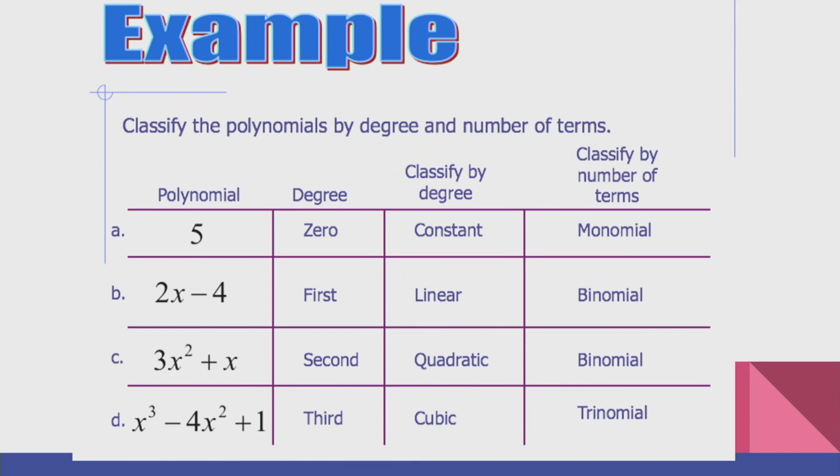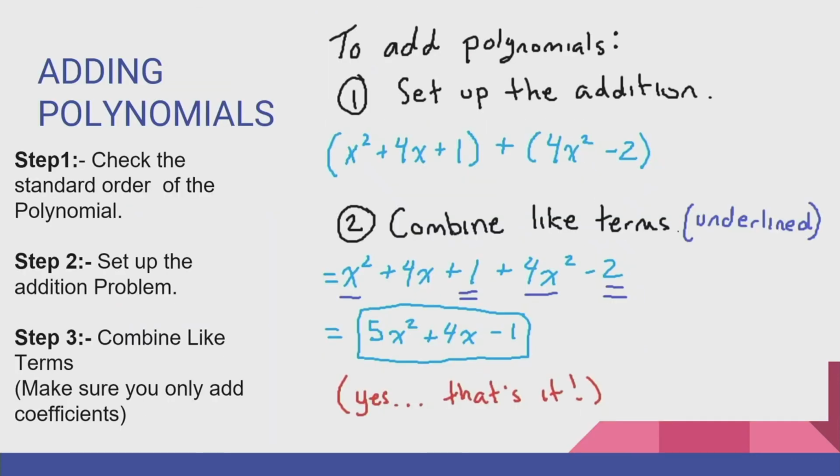Now we will go ahead and start with our second learning target. I can add and subtract a polynomial. So adding a polynomial. Step 1, we have to check whether our polynomial is in standard form or not.